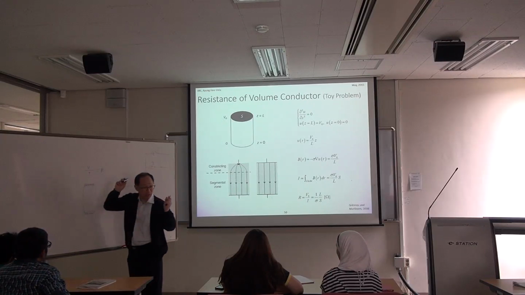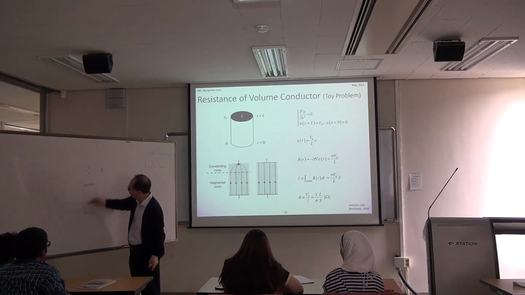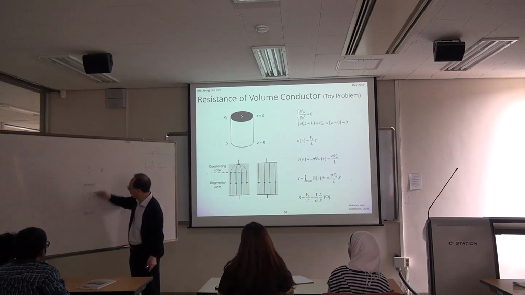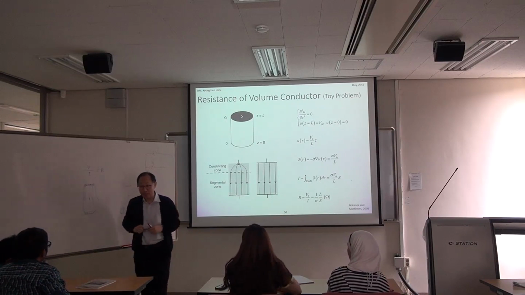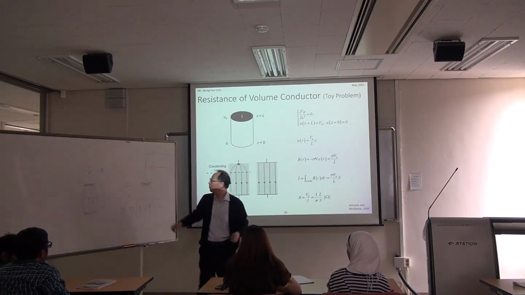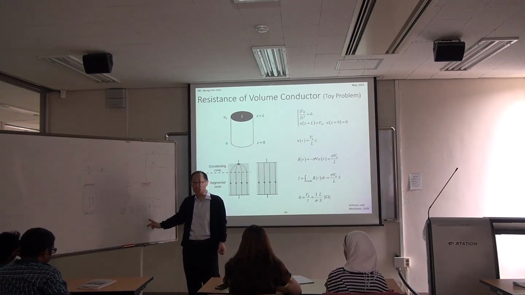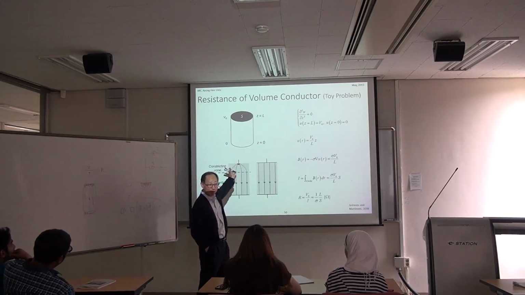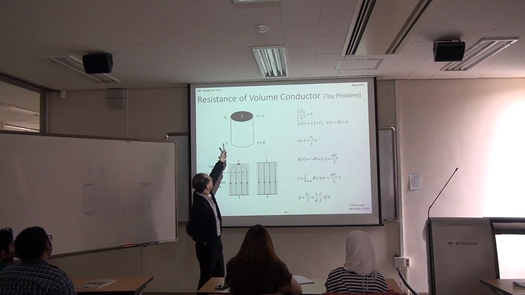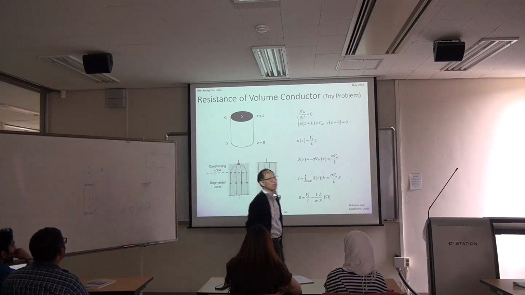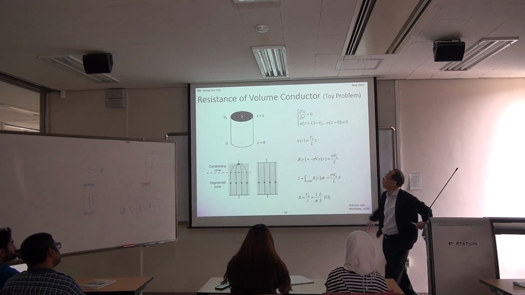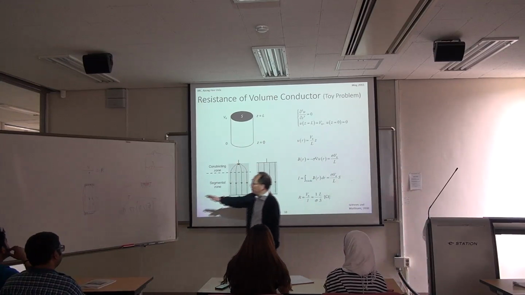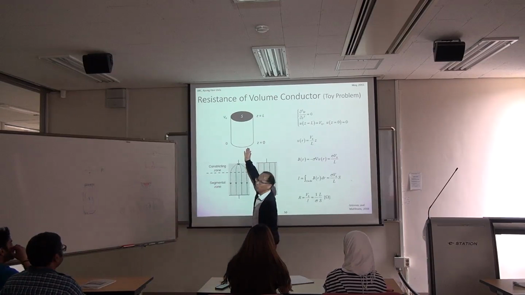How do I find the lead field map? I inject current and I need to find out the current density vector inside. Then I have to solve this equation. And this is the example. Instead of injecting current, I just applied constant voltage at the top part. So I need to solve this equation in this domain.